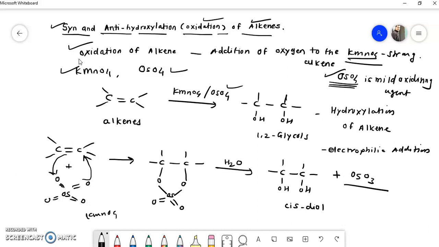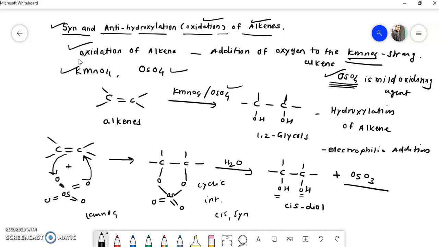Here, because of the formation of this cyclic intermediate, both the hydroxyl groups are added from the same side of the double bond. We will find here that these OH groups are on the same side of the double bond. Hence, this hydroxylation is called cis hydroxylation or syn hydroxylation.